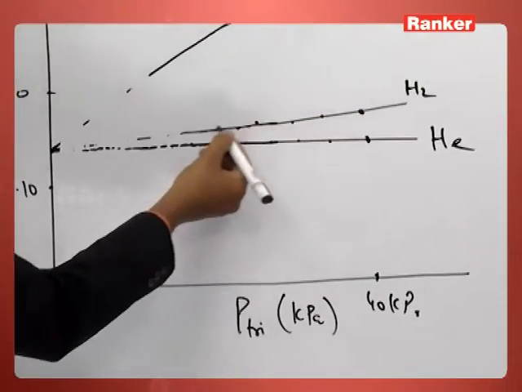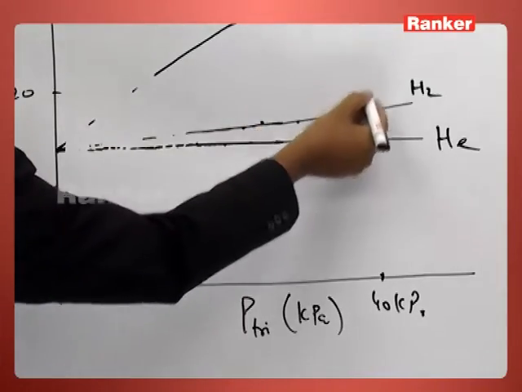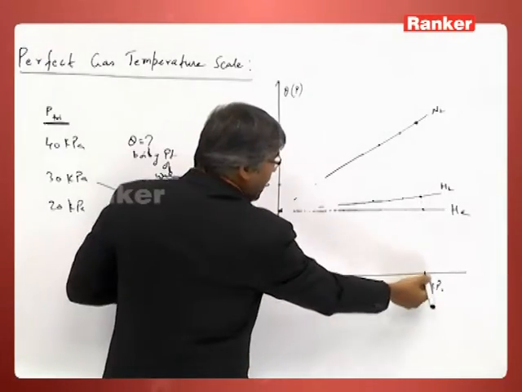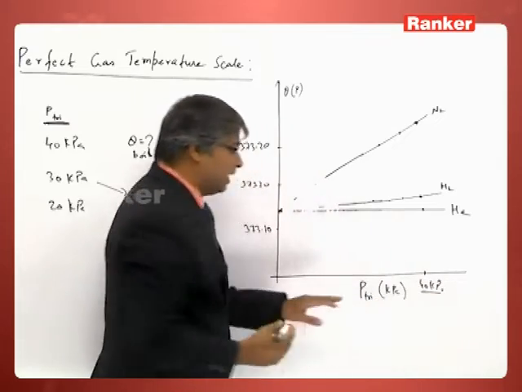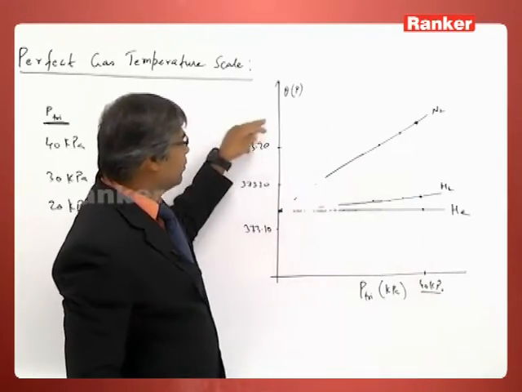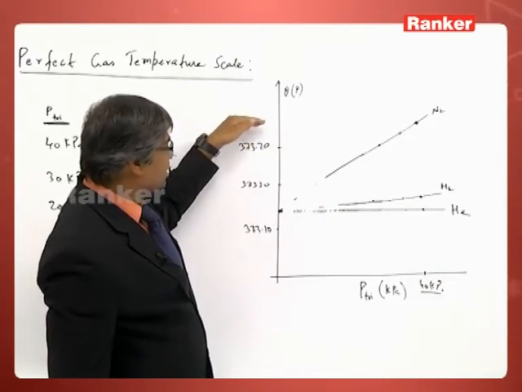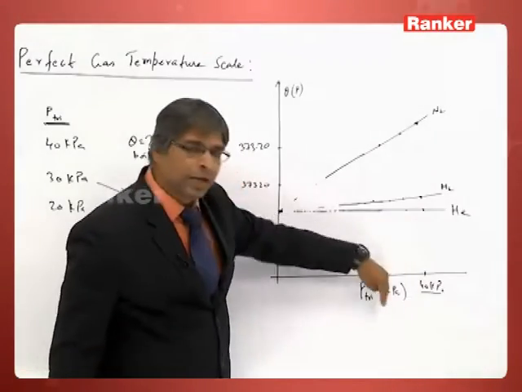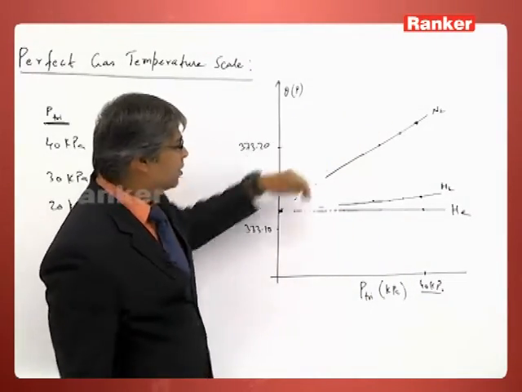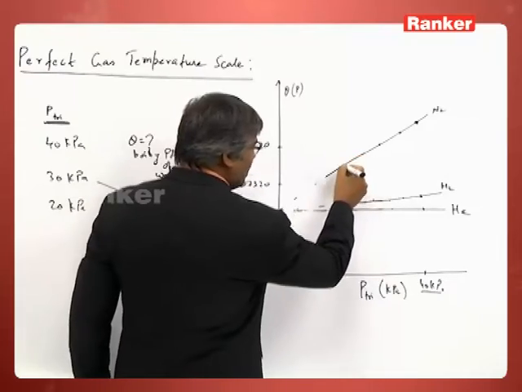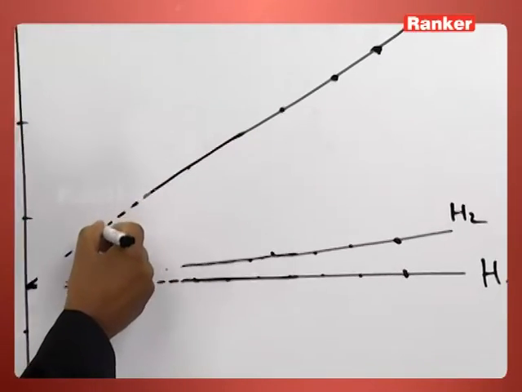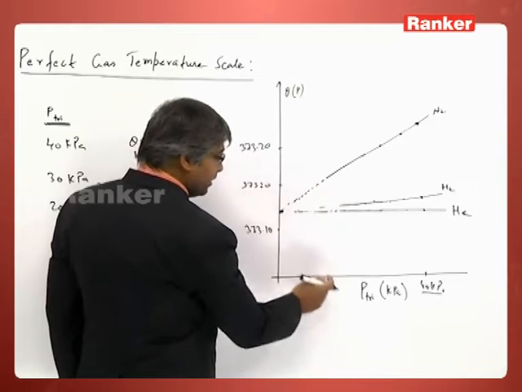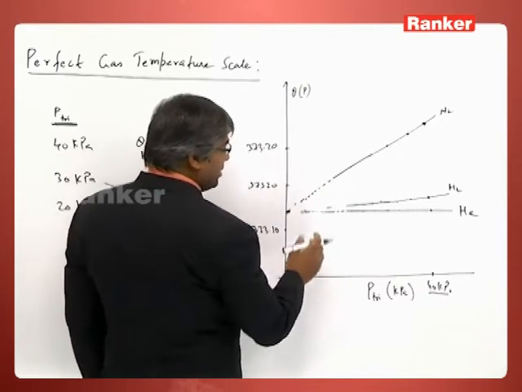So I draw a graph like this, and when I do this same graph with nitrogen, initially when P triple is 40 kilopascal, the reading of the boiling point of water is very high for nitrogen, but as I decrease the pressure at the triple point, the readings change. All the graphs are extrapolated, because we may not be able to do this experiment at very low pressures.